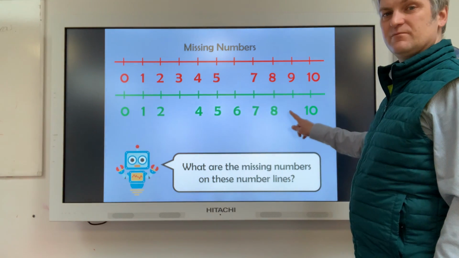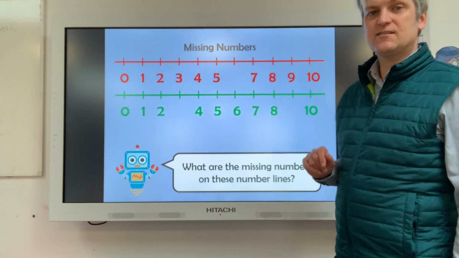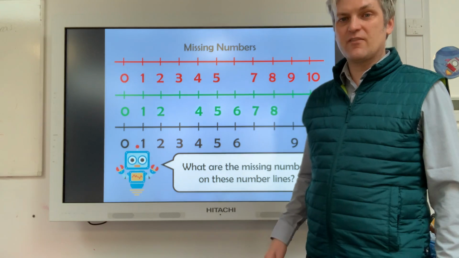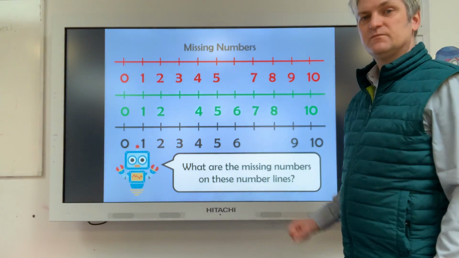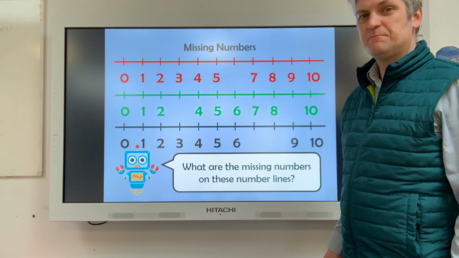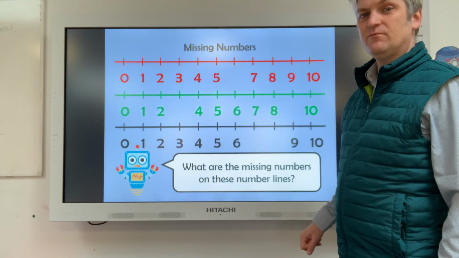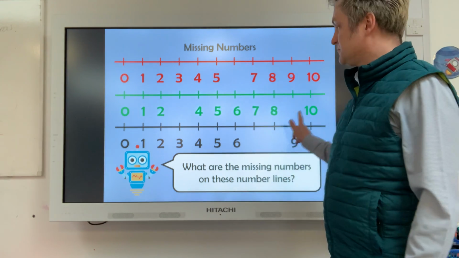And here, after 8 and before 10, it's the number 9, isn't it? And here we are, this bottom one here. 2 more missing numbers. Do you know what they are? After 6 is 7, but before 9, it's the number 8.